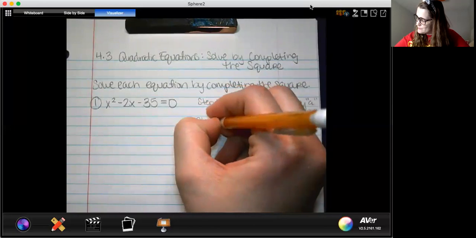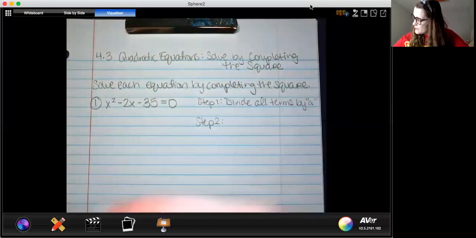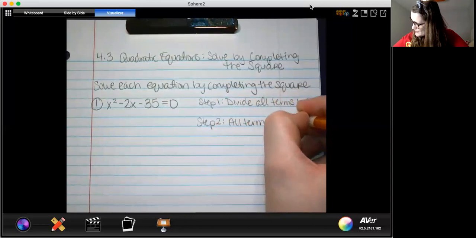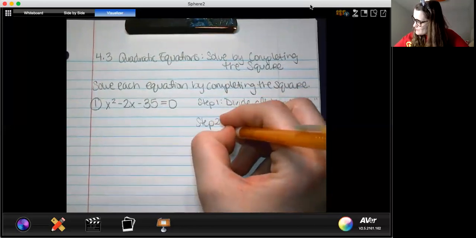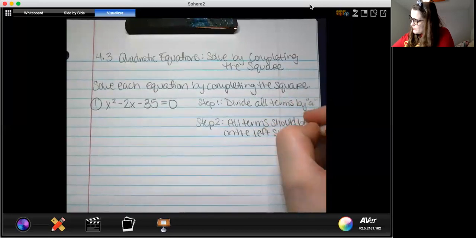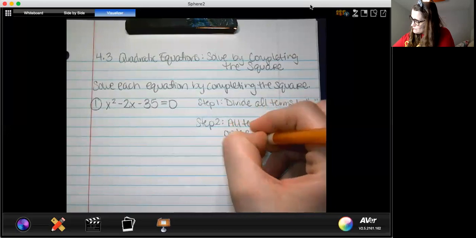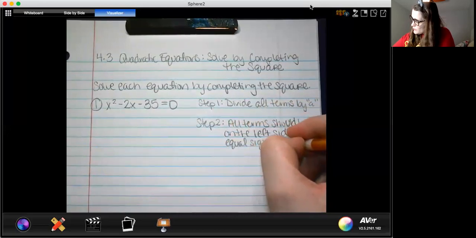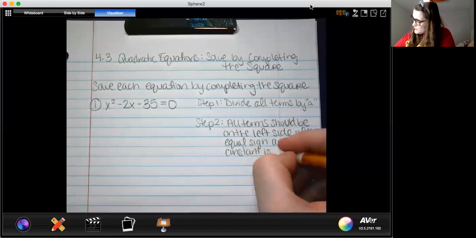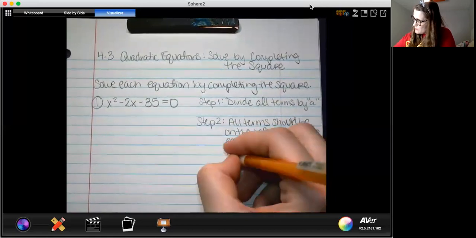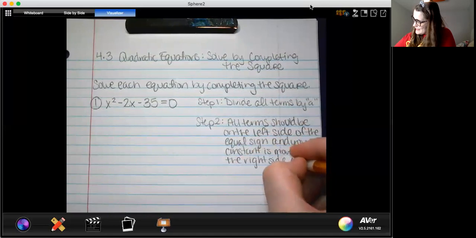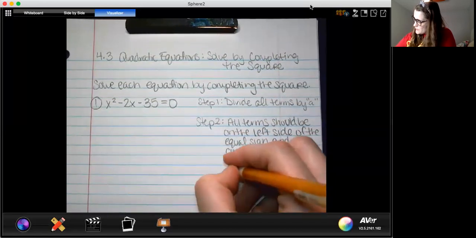Step 2, all terms should be on the left side of the equal sign, and your constant is moved to the right side, and insert blanks.